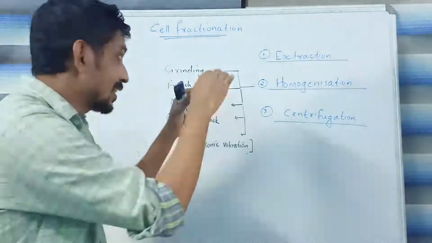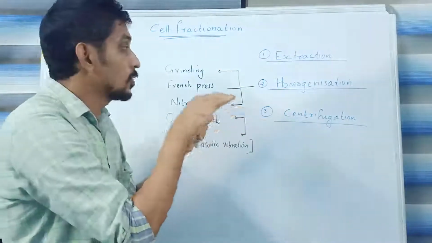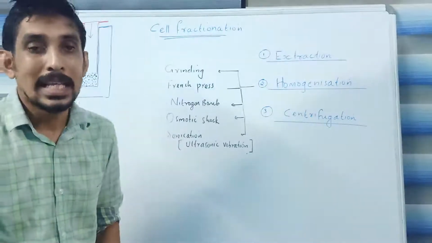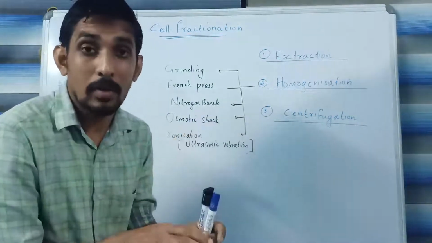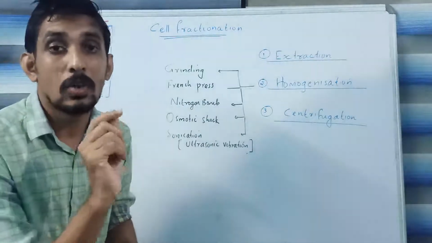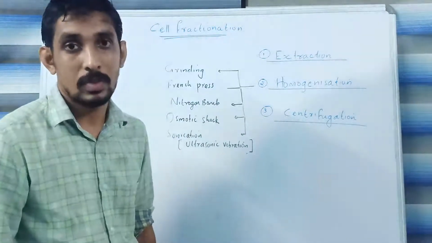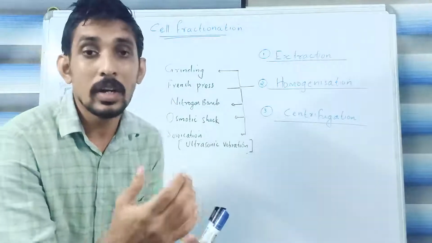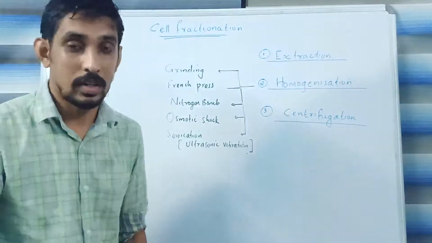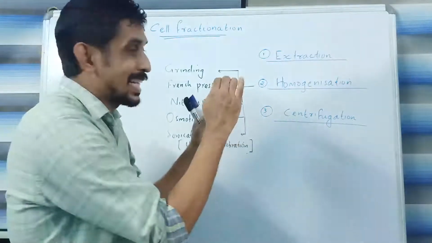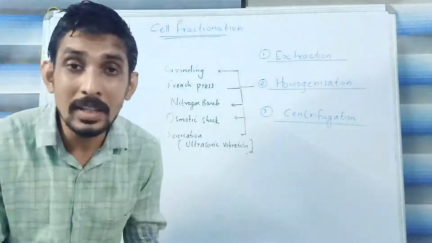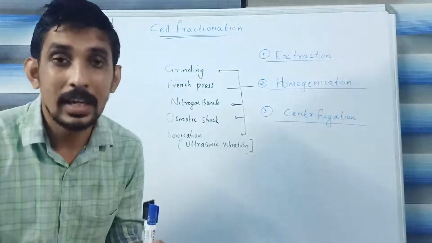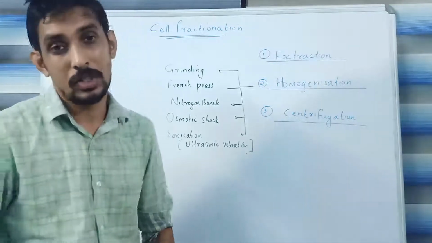So in this scenario, homogenization means the cell wall and cell membrane of the isolated cell are slowly destroyed, leading to the release of cytoplasmic cell organelles. Here homogenization indicates that we are making the cytoplasm of the cell into a homogeneous solution.